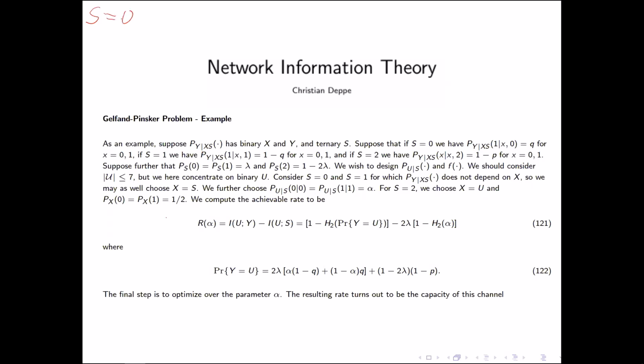So if s is equal 0, then we have that P_{Y|X,S}(1|x,0) is equal q for x equals 0 and 1. What does it mean?